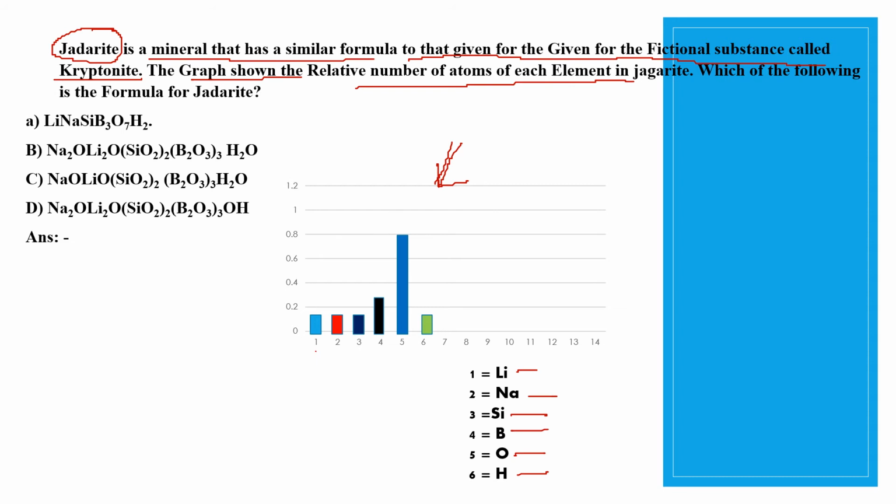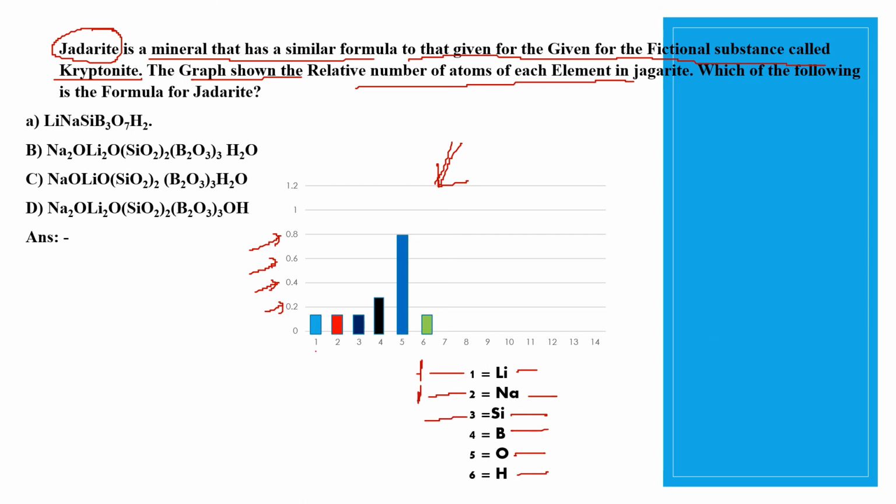Based on this, we have lithium. 0.2, 0.4, 0.6, 0.8, so that is one lithium. And here two, that is sodium, and that is also one.